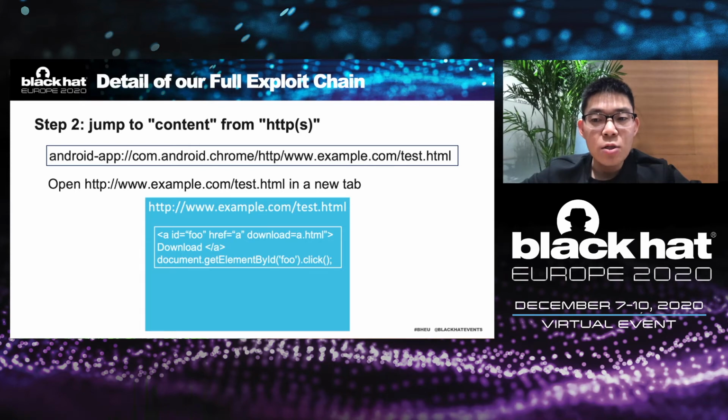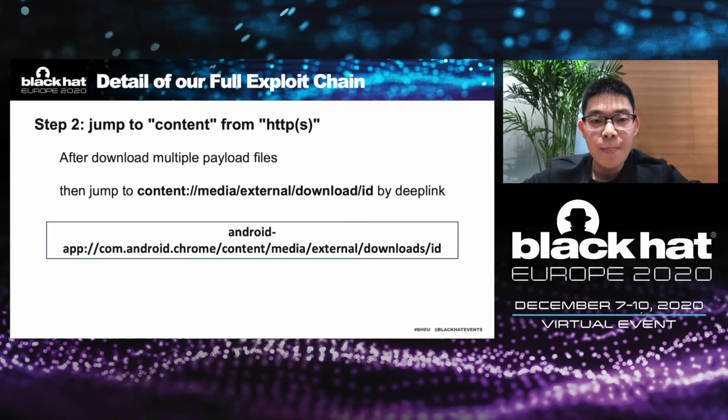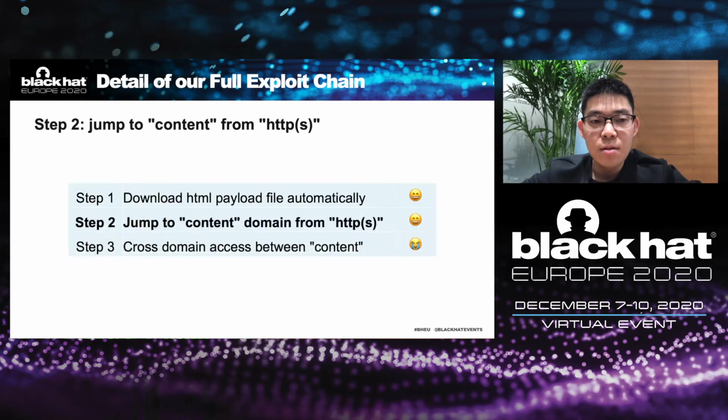Then, jump back to text.html itself by this deep link. We can download multiple payload files without any blocking. After downloading multiple payload files, we can jump to content by this deep link, assigning one number to the ID. So, step 2 works again.